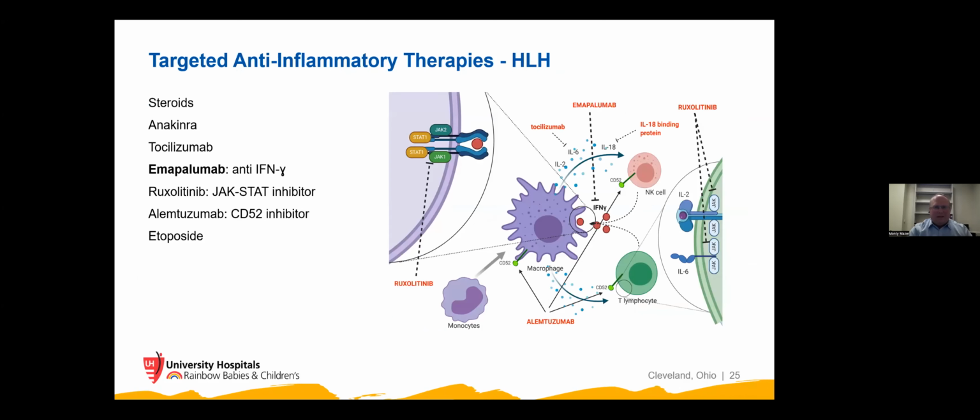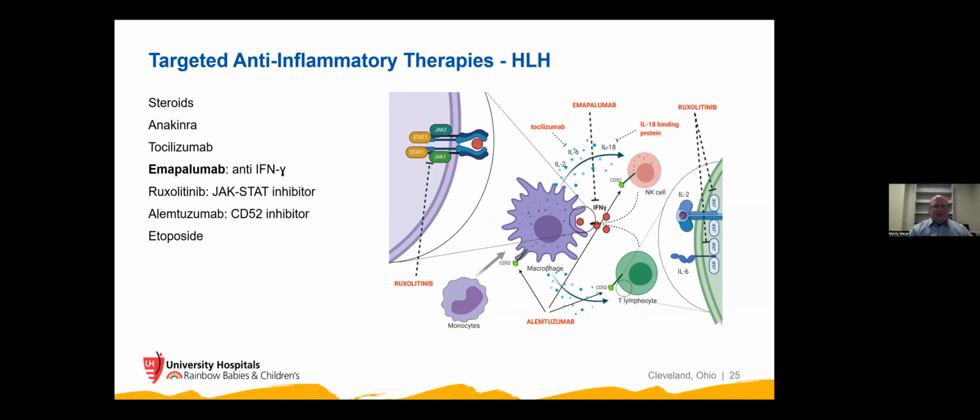And so treatment here goes down that same pathway that we think about with several other of the diseases that we've talked about. You think about steroids, you think about blocking specific molecules like anakinra or tocilizumab to block IL-1 beta and IL-6. But you can also block interferon gamma, which is that positive feedback to tell the macrophages to continue to go and to tell the other cells to continue to secrete cytokines.